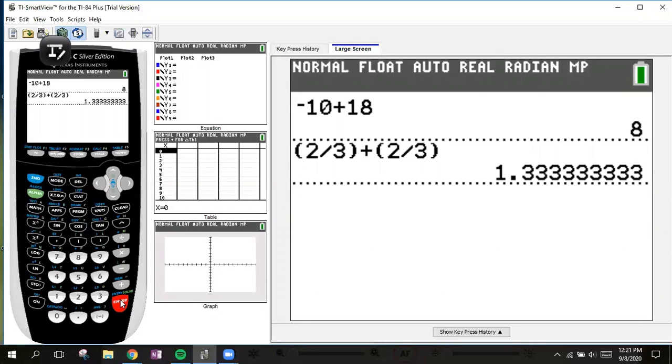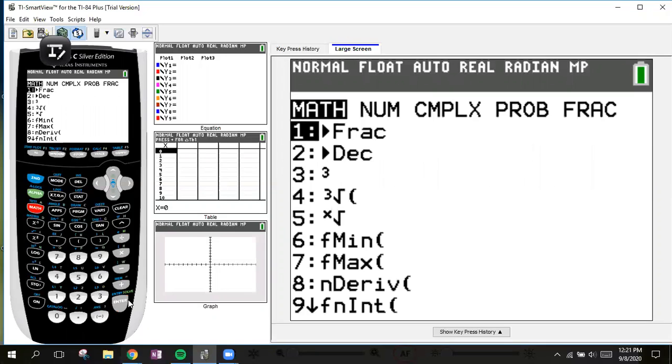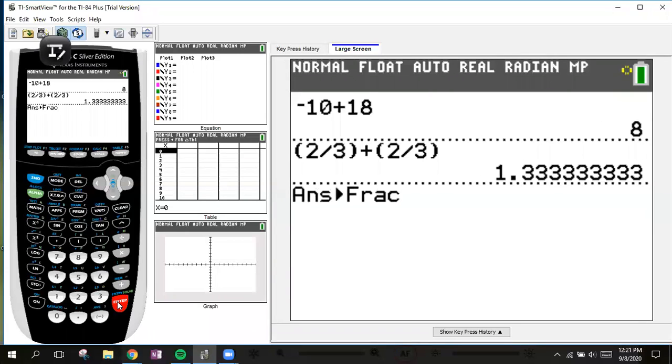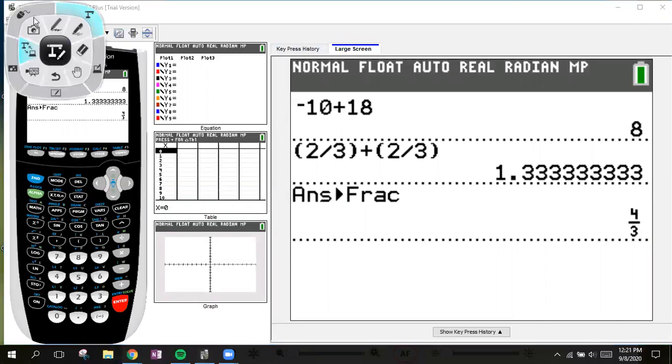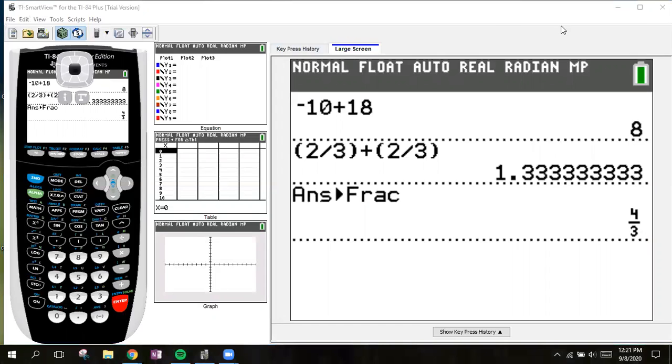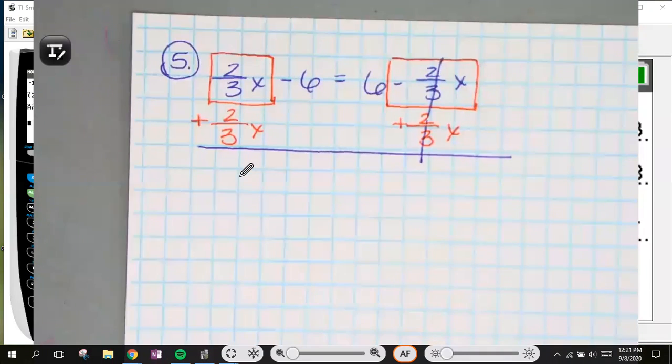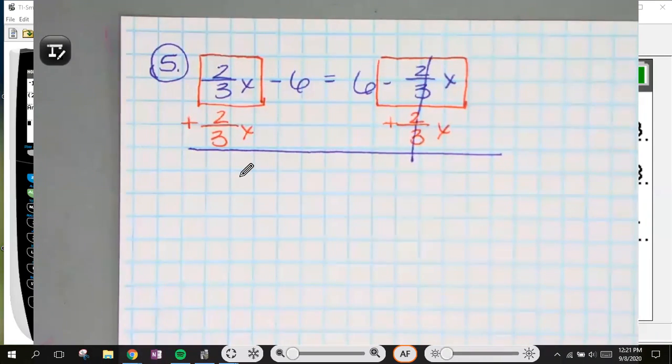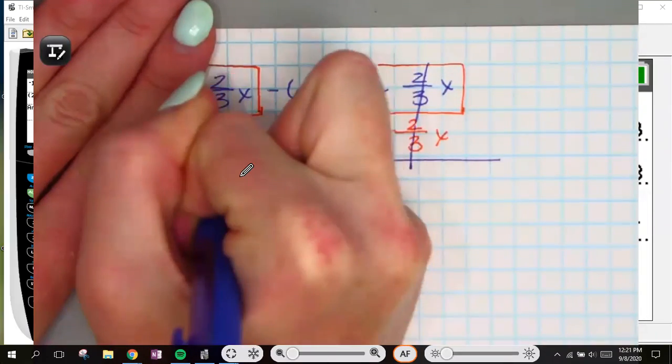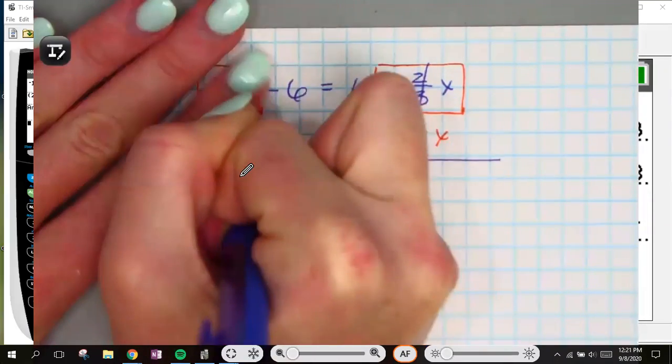I want to be able to write it the most exact way I can, so I'm going to convert it to a fraction. And it's going to be 4/3. So that should take the fear out of fractions. So that would be 4/3 x.